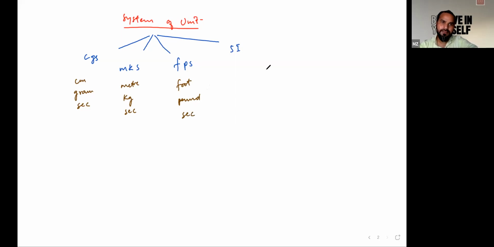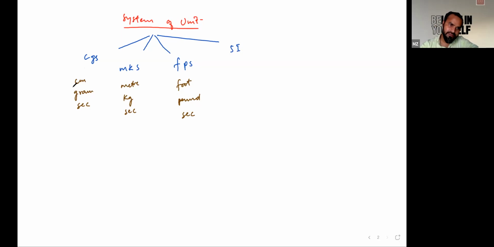Initially, as we already know, physics was mainly mechanics, the earliest branch of physics, in which we mostly deal with just three terms: mass, length, and time. So initially, the units were based on just these three terms, depending upon the choice.